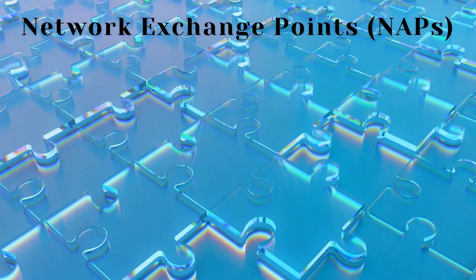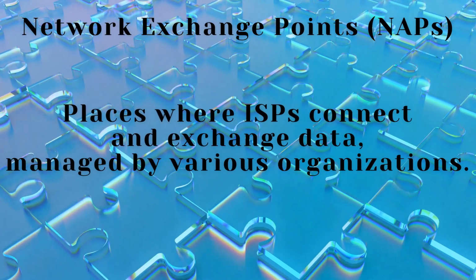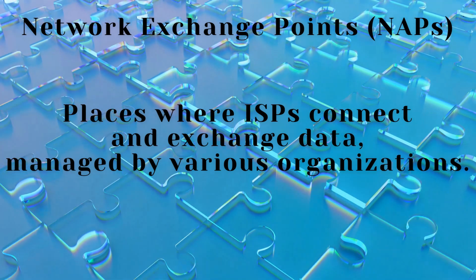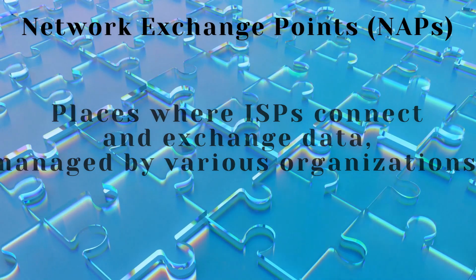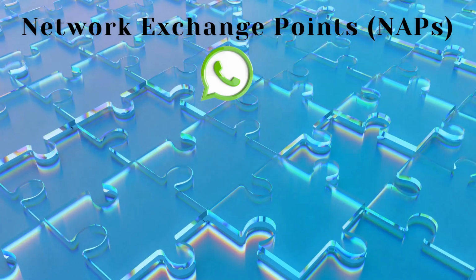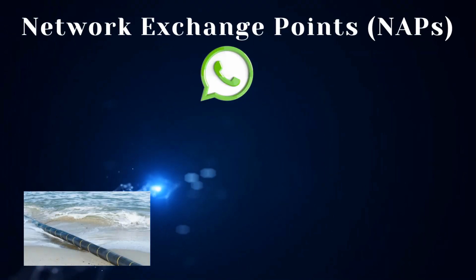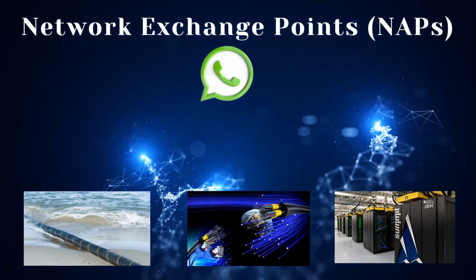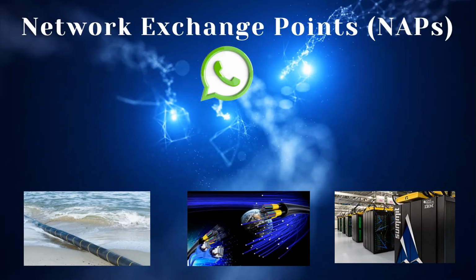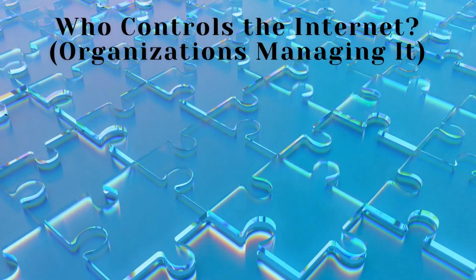Network exchange points, or IXPs, are places where ISPs connect and exchange data, managed by various organizations. Example, when you send a WhatsApp message, it travels through undersea cables, fiber-optic lines, and data centers owned by different companies.